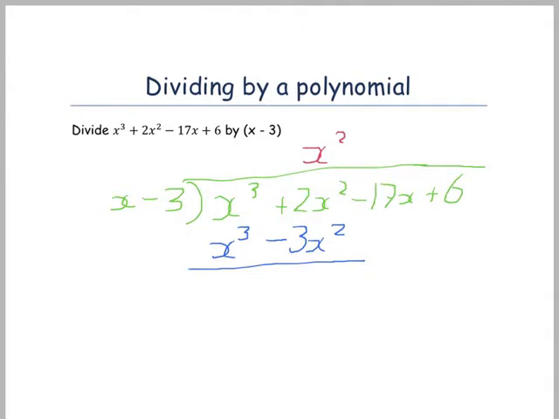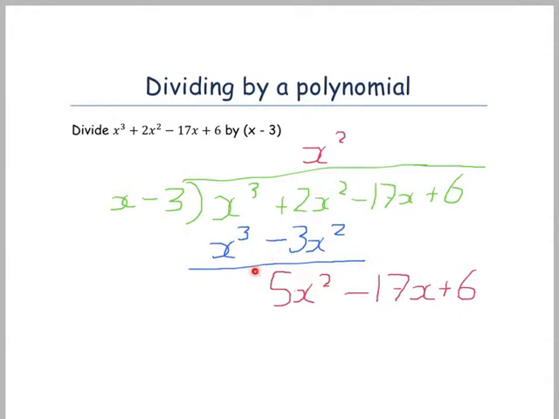So x cubed minus x cubed is 0, but 2x squared minus 3x squared becomes 5x squared, and we bring down the remaining parts: minus 17x plus 6. Now we're going to divide this new expression, 5x squared minus 17x plus 6, by x minus 3.